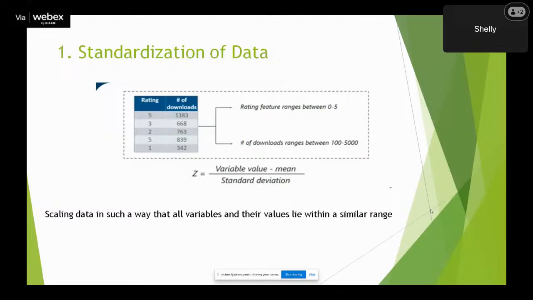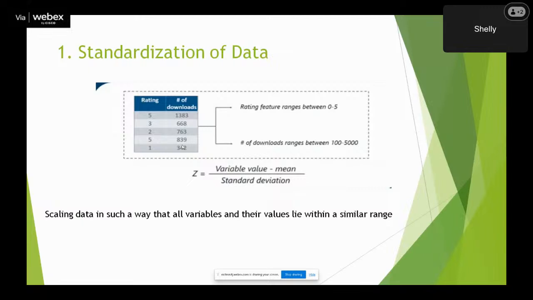So here's the first one, which is referred to as the standardization of data, right? What do we mean by standardization of the data? Consider simple movie rating data and the number of downloads depicted over here. The rating is usually in the range of 0 to 5, right?